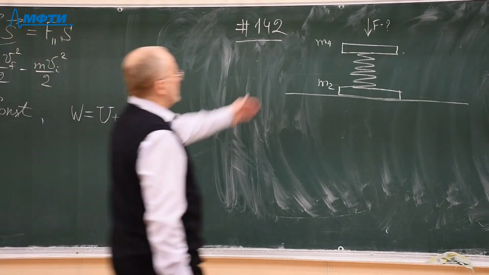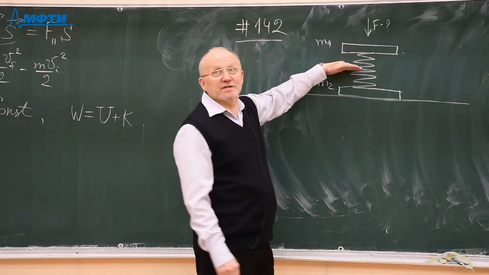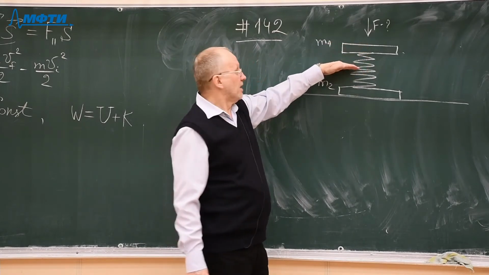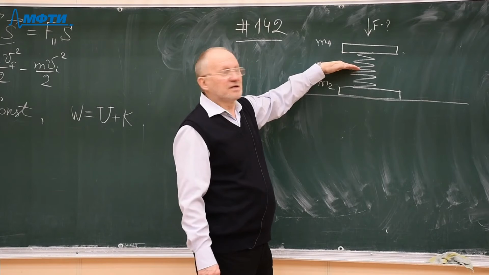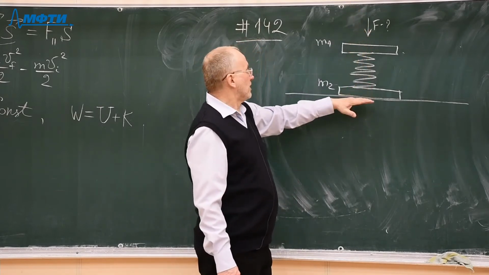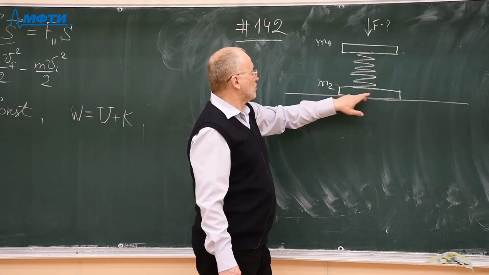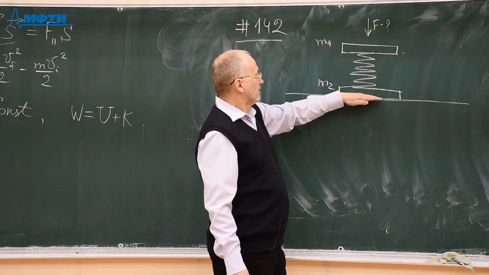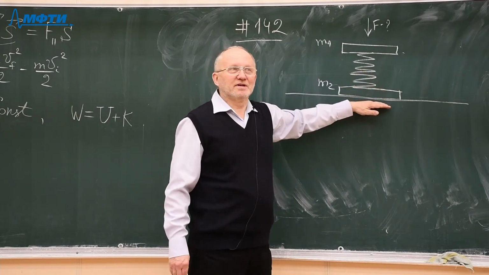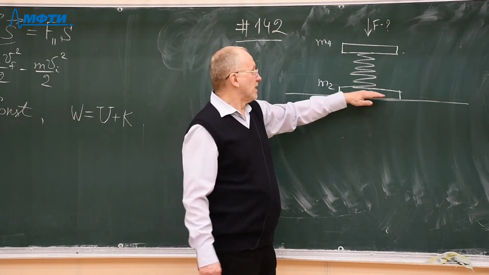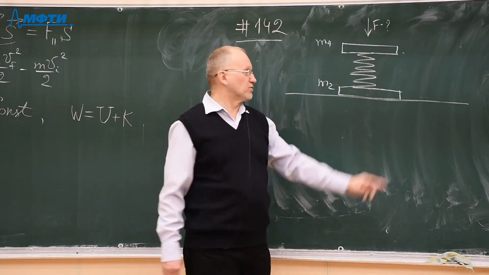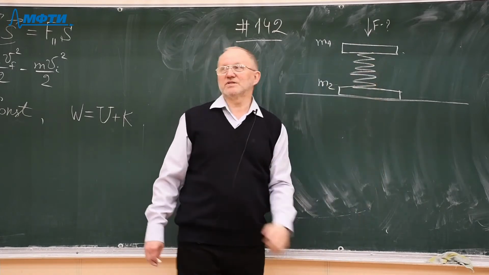So we press on the upper plate with some force, and the spring is compressed. And then we release the upper plate, and it springs up so that the lower plate jumps a little bit up from the surface of the table. We need to calculate the force required for the lower plate to be separated from the surface.